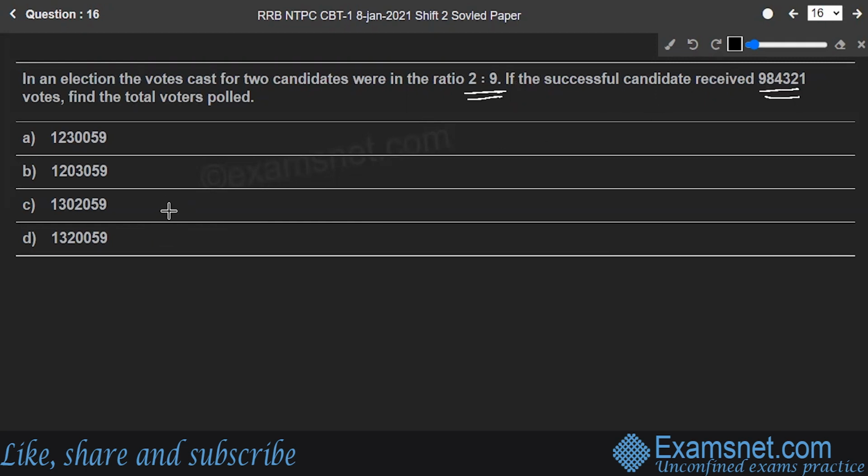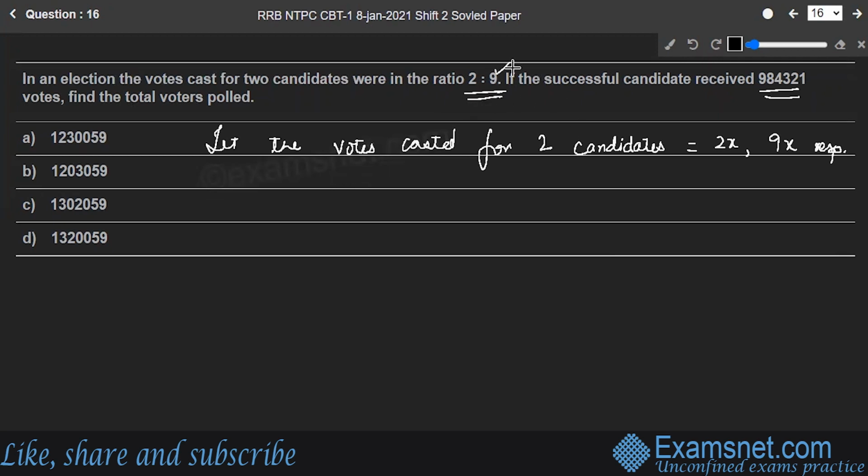The successful candidate gets more votes than the losing one, right? So I will say let the votes cast for the 2 candidates be 2x and 9x respectively, right?